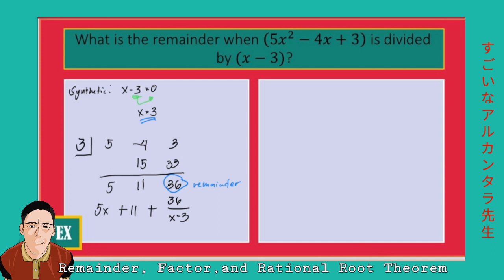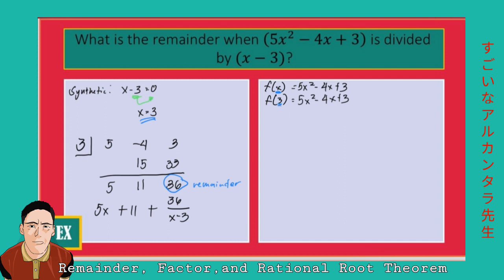We're now going to introduce function notation. Let's say that we have the function f of x equal to 5x squared minus 4x plus 3, and let's say we have f of 3. The meaning of that is we're going to change the value of x to 3.